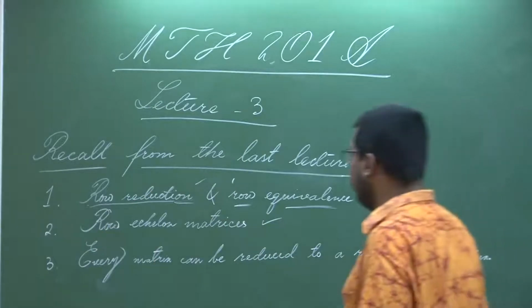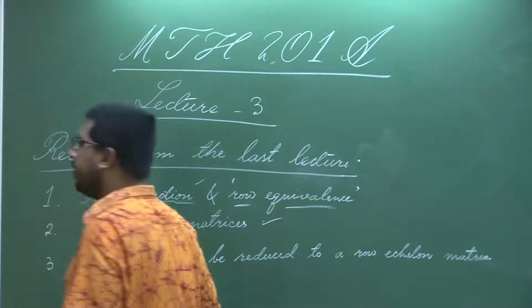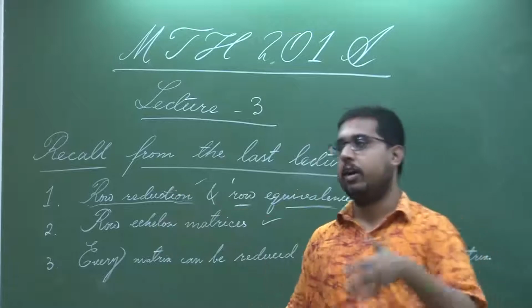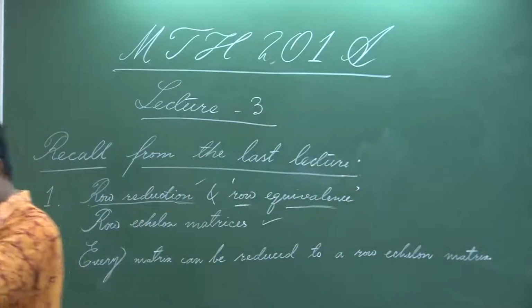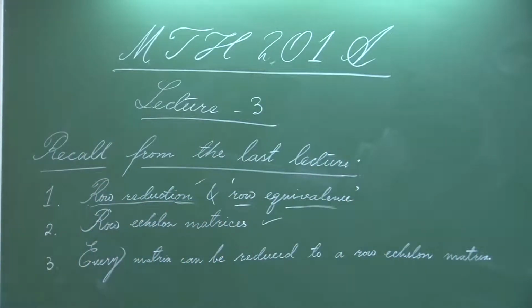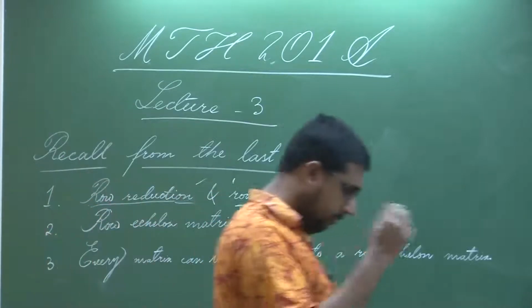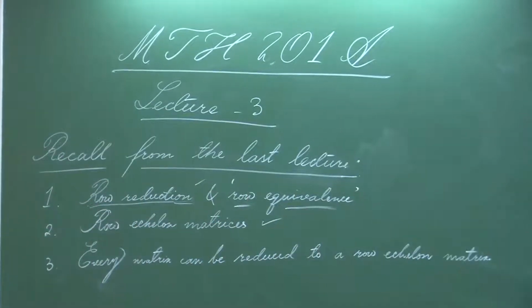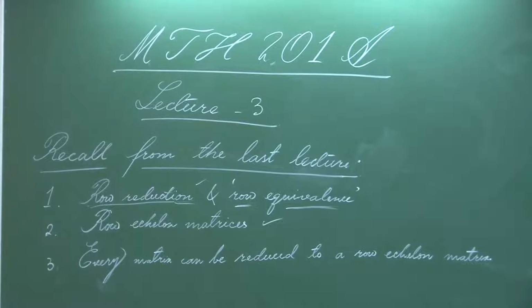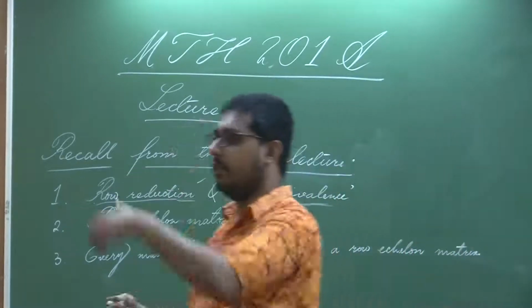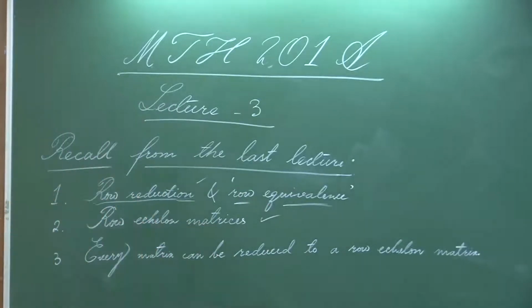Now in the last lecture we proved that given any matrix, it can be reduced to a row echelon matrix, and that proof we did by the method of induction.